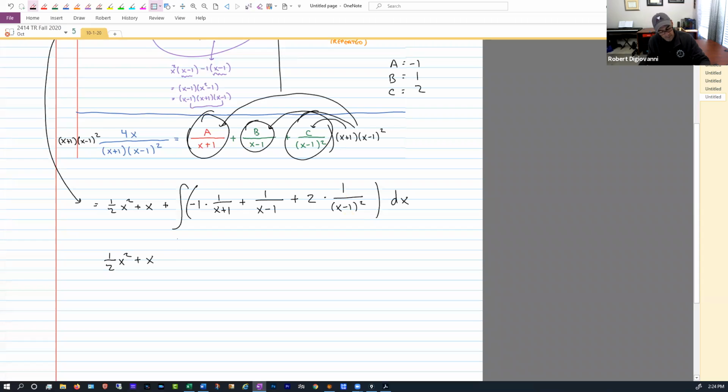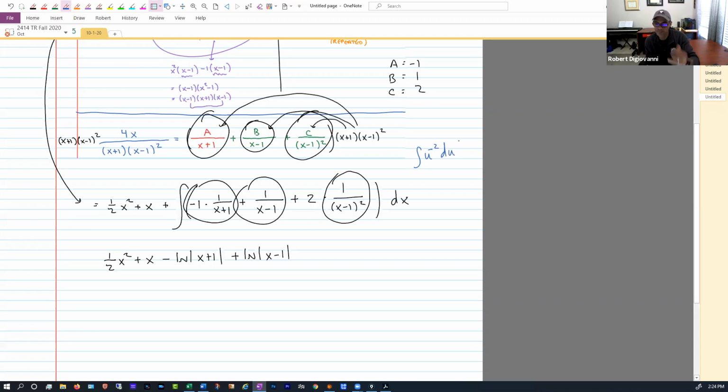This integral is going to be minus natural log of x plus 1, no scaling necessary, plus natural log of x minus 1. And this last one, from last class, looks like an integral of u to the -2 du.